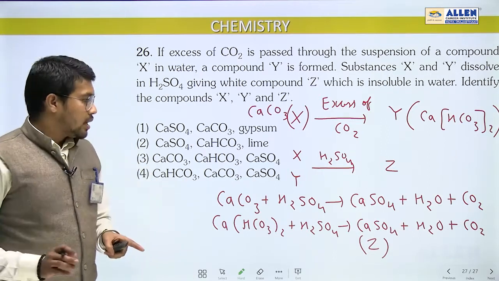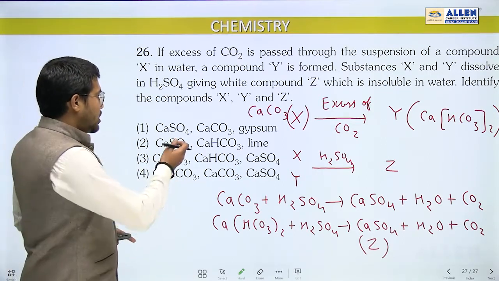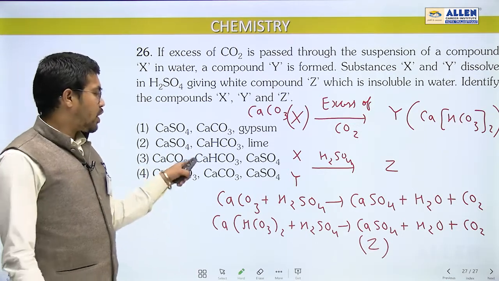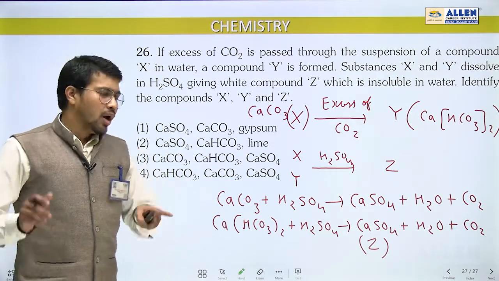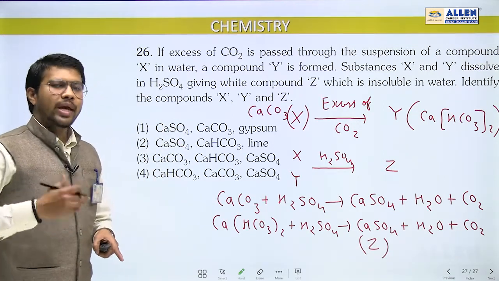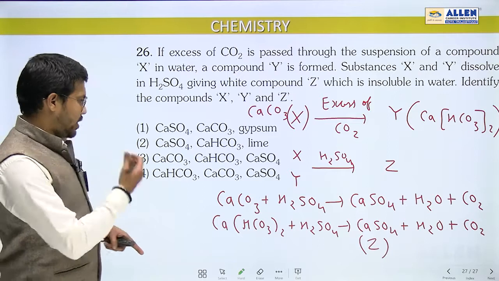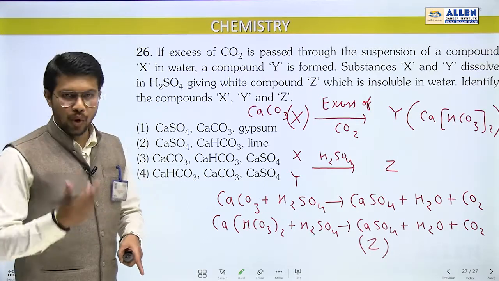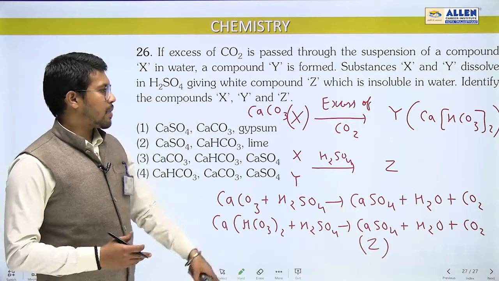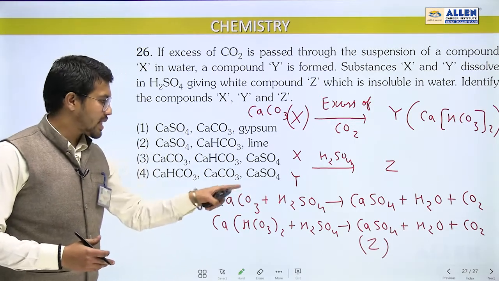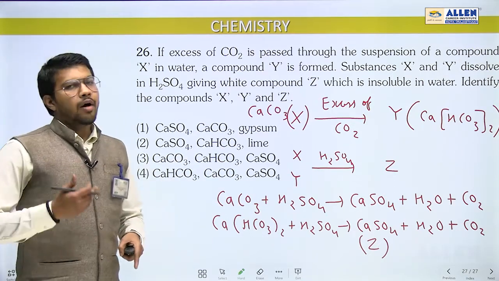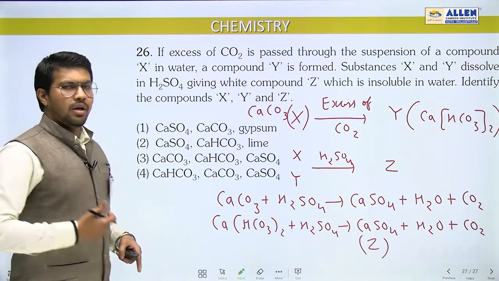But students, the problem is that in this question we have been given the wrong formula of calcium bicarbonate. So this question has to be a bonus. We know X is calcium carbonate, Y is calcium bicarbonate, and Z is calcium sulfate, but since the formula is wrong, we have given this question as a bonus.